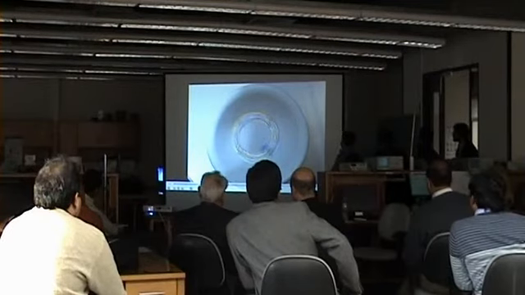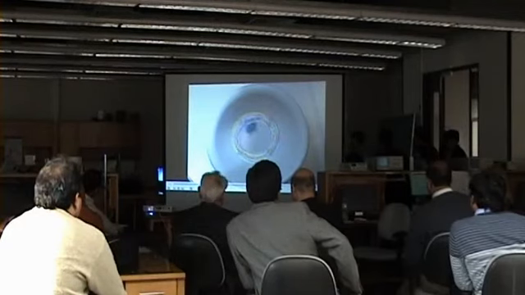Initially, you can see the circular trajectories, but the bowl was not perfectly spherical. So at the end, we did not get the circles.